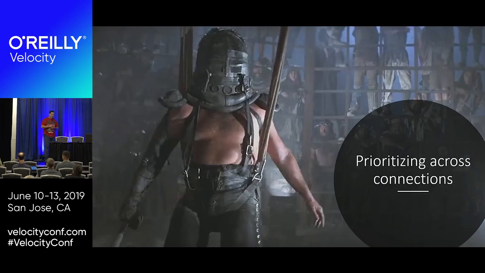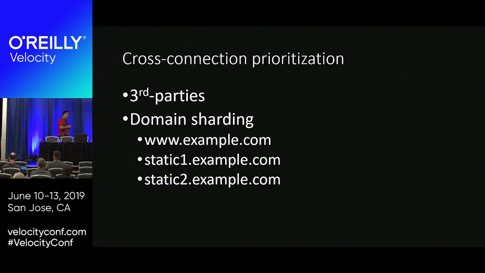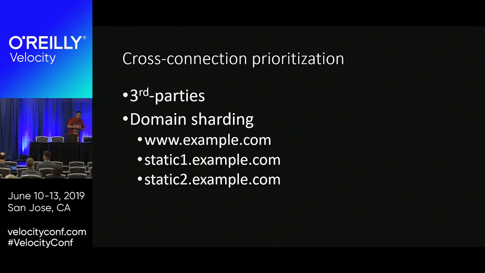So prioritizing across connections, it basically comes down to a throw it all on the network and let the network sort it out, right? You're opening up a whole bunch of connections to servers. It may be the same server if we're talking HTTP 1.1, or in the HTTP2 case, unless you're Facebook or Google and you've got all of your content downloading from one origin, odds are you've got multiple origins that you're downloading from.